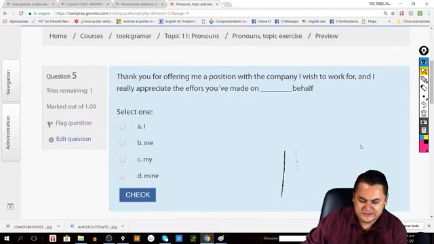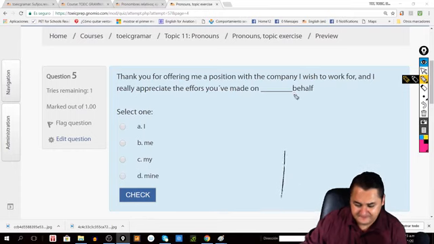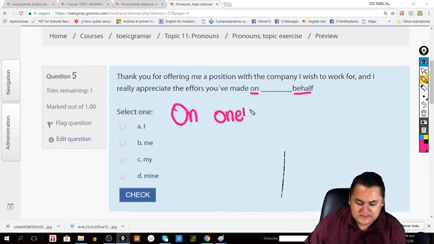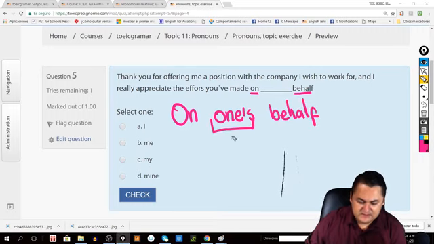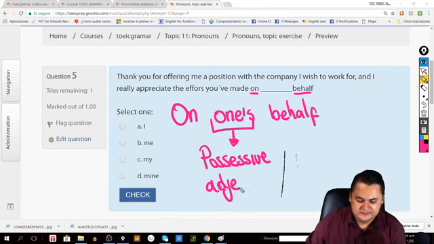In this exercise, we have the word behalf. It is an expression, so we can say on one's behalf. One's refers to possessive adjectives.